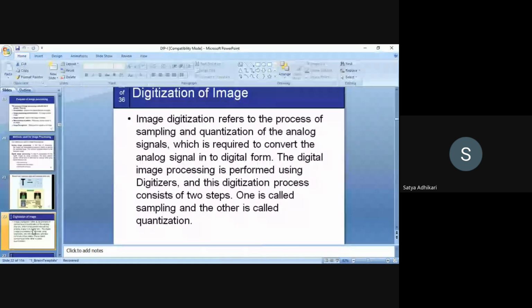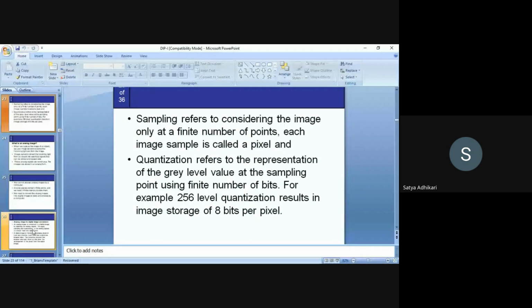What is sampling? Sampling refers to considering the image only at a finite number of points. Each image sample is called a pixel. That is its location. To find out the location of an image, sampling is the process of considering the image at a finite number of points.